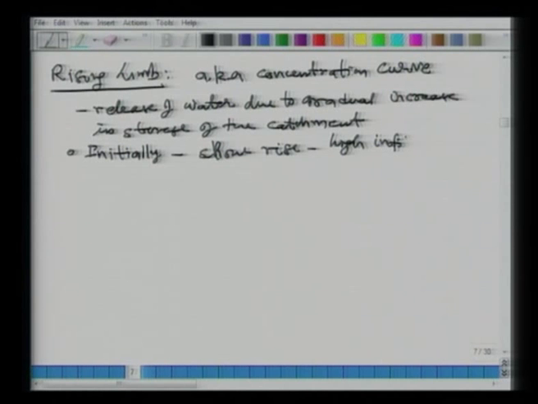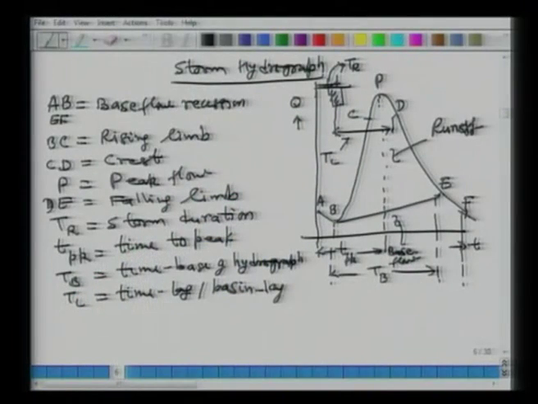Due to high infiltration. At the beginning of a storm, there will be certain initial conditions. The catchment may be either dry or it may be 10, 20, 30% saturated. So, there will be more infiltration in the beginning, and if I go back, you see that this portion is rising very slowly.